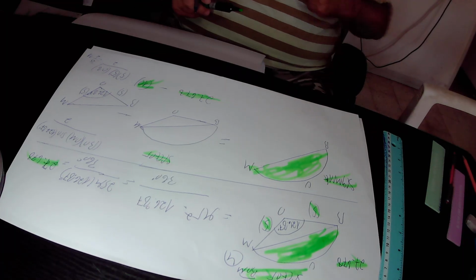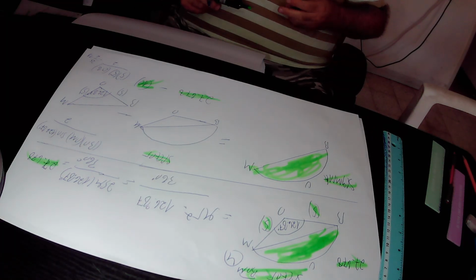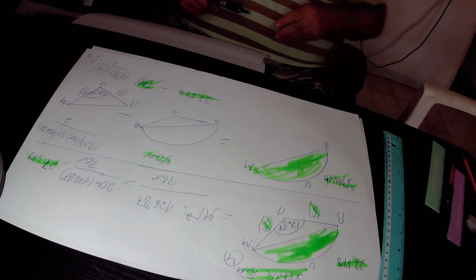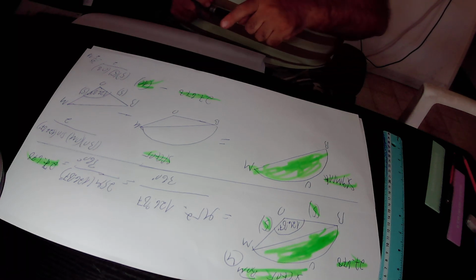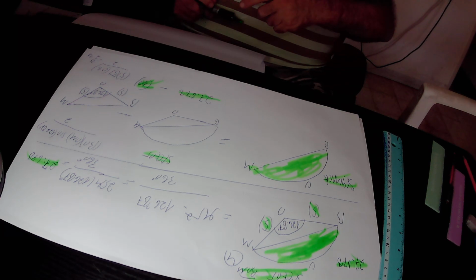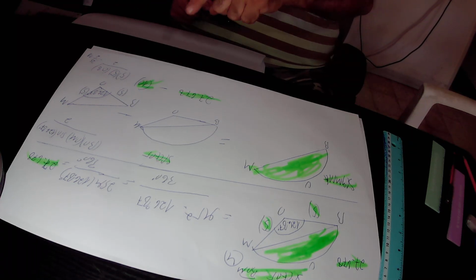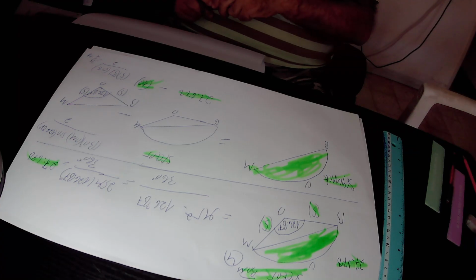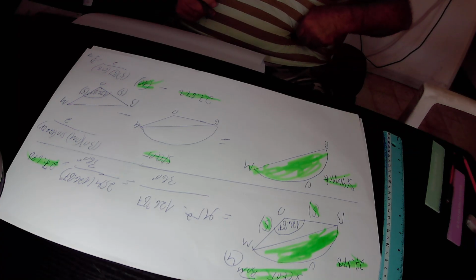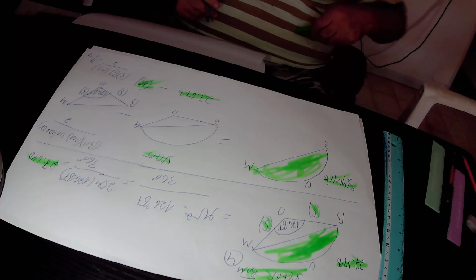Therefore, the area of this upper segment BUM will be equal to the area of sector BOM, 27.678 square inches, minus the area of this triangle BOM, 10 square inches. 27.678 minus 10 is 17.678.